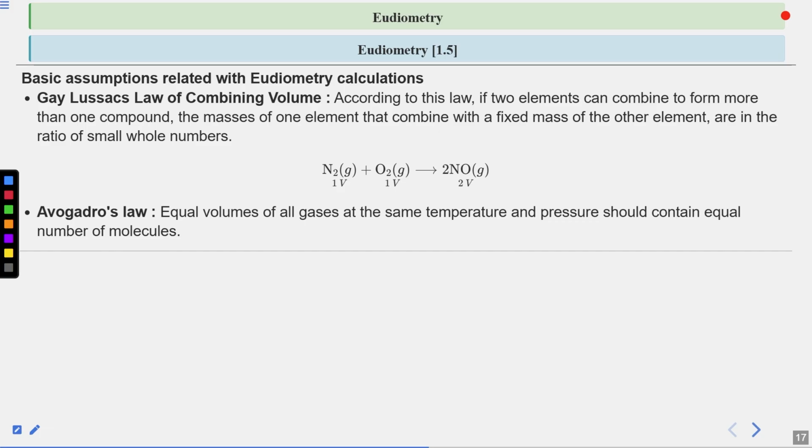Similarly, we have Avogadro's law, which tells us that equal volumes of all gases at the same temperature and pressure contain an equal number of molecules. I'm not discussing it in this class; we've already seen Avogadro's law and Gay-Lussac's law, but we will use these two laws here.